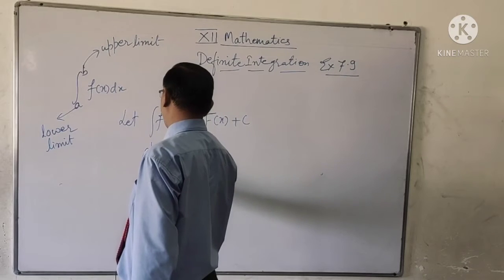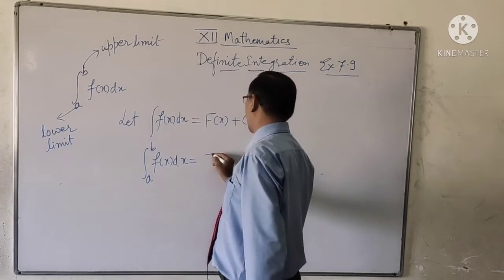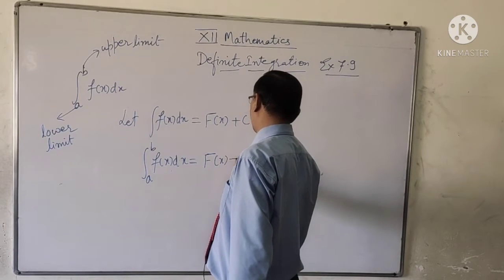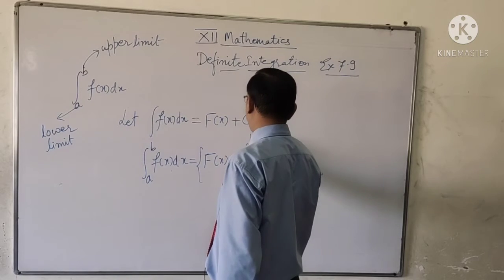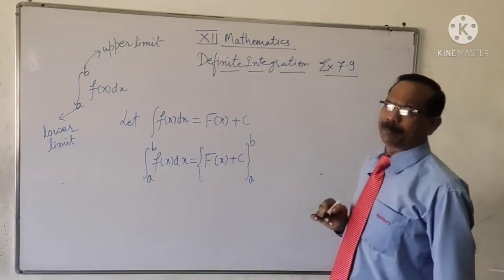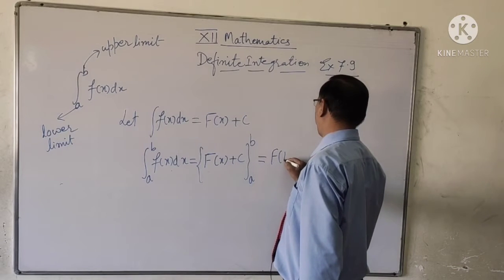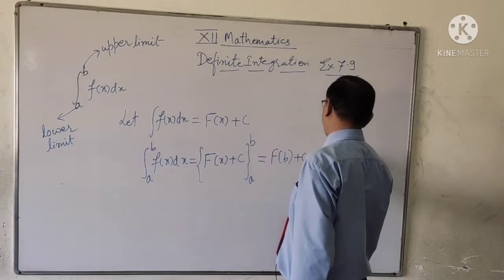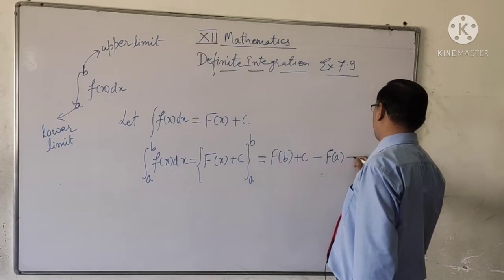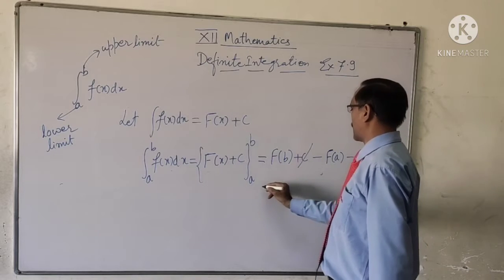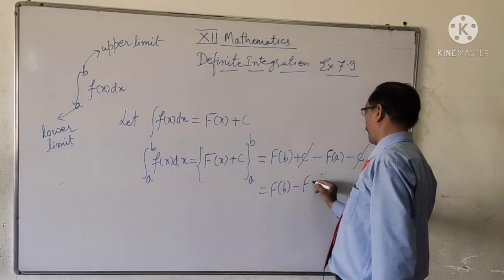Integral from a to b of f(x) dx is equal to capital F(x) plus c, with lower limit a and upper limit b. Now we will introduce the limit. It is F(b) plus c minus F(a) minus c. Here c cancels, so it is F(b) minus F(a).